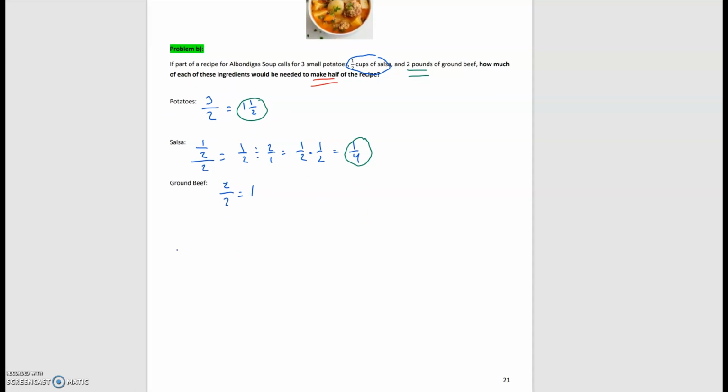And then let me just rewrite it as we will need 1.5 potatoes, then 1/4 cup of salsa, and then the last one would be 1 pound of ground beef.